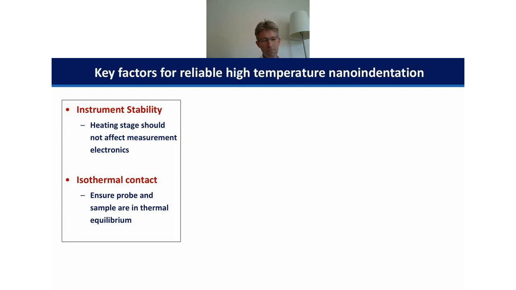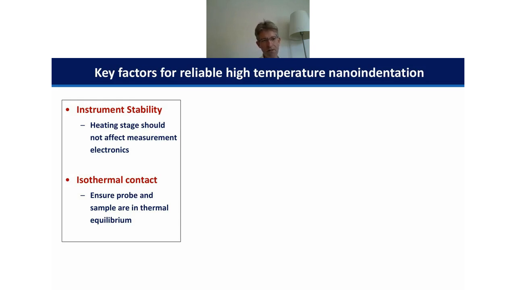So coming back to basic high temperature nanoindentation now. There are several key factors that you need to understand to deliver reliable high temperature data. The first thing really is instrumental stability. The critical thing is essentially that you have a design of instrument which is stable, so the heating stage is essentially remote from either the loading or the displacement measuring electronics.